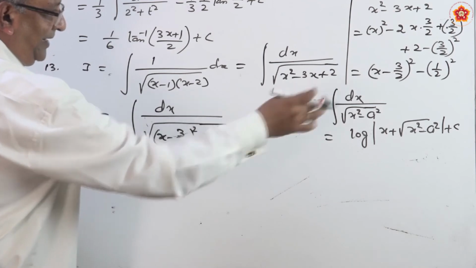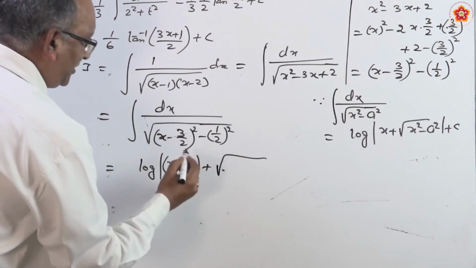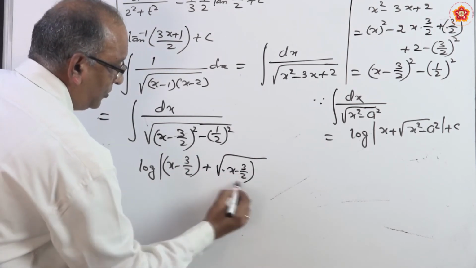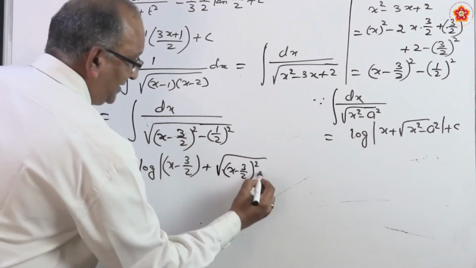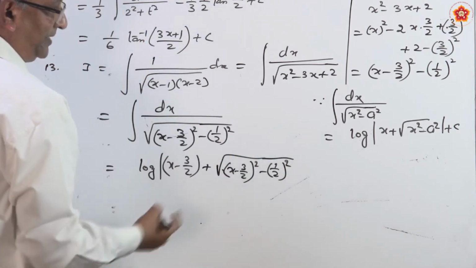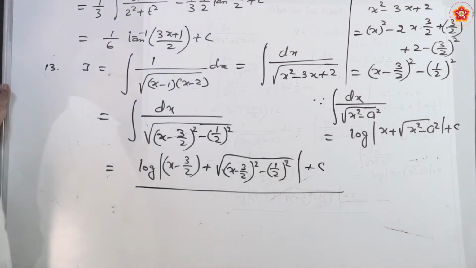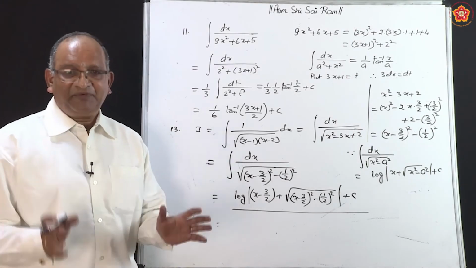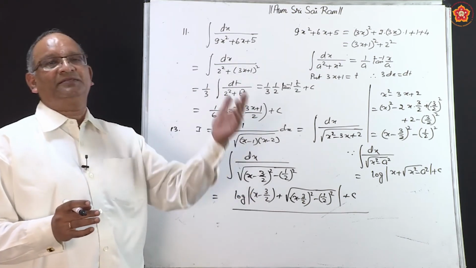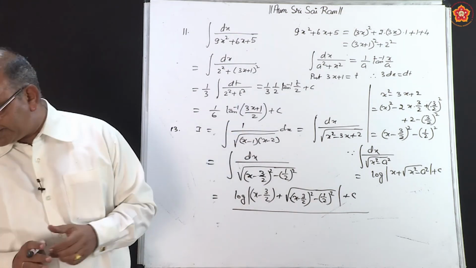So either you can write it and club it again, or you can directly write whatever you got, that is x minus 3 by 2 whole square minus 1 by 2 square. Remember, x square minus a square is this, plus c. This becomes the answer. So basically what we are trying to do is convert it in terms of one of the 6 formulae which we have learned, so that the formula can be used to solve the problem.